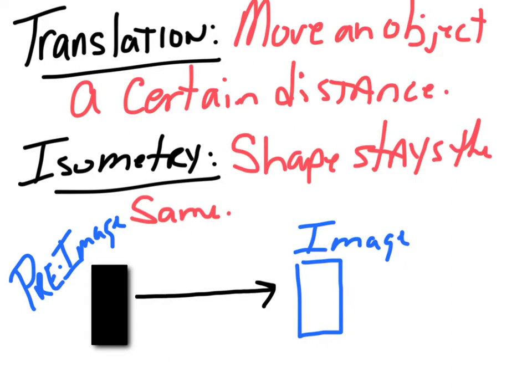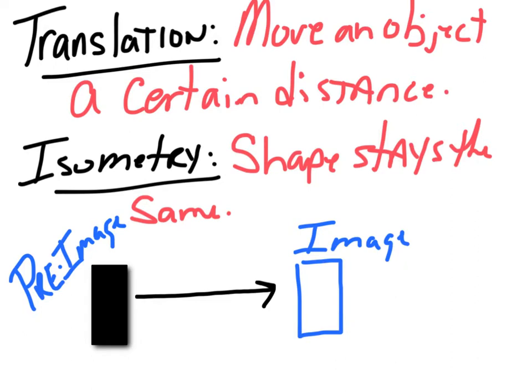And that means that the shape of this object is not going to change. It's going to stay the same. So the prefix iso means same. So when you look at what we have down here, the pre-image is what you start with, and that could be anything that they use for a shape or design or picture or whatever.